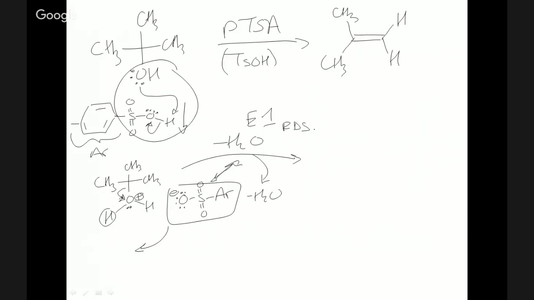This is another form of E1. So what do we have? Carbocation. Three different CH3s, and there's our plus charge. We've got this, and we still have our sulfonate as the anion.